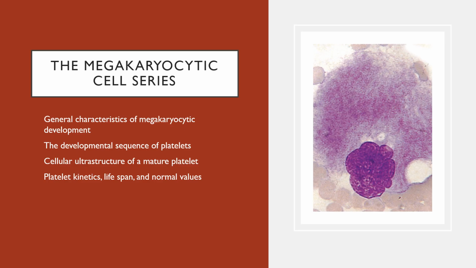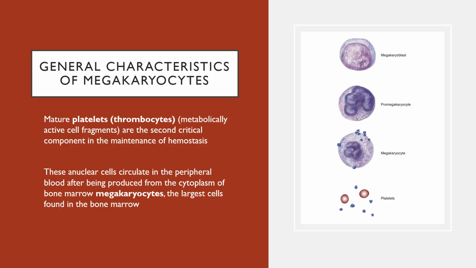So remember, this in this picture is a megakaryocyte. Usually we see these in the bone marrow, and then the platelets actually break off as little pieces from that granular cytoplasm. Let's take a look at our next slide. You may remember the phases of cellular development from our red blood cell and white blood cell unit.